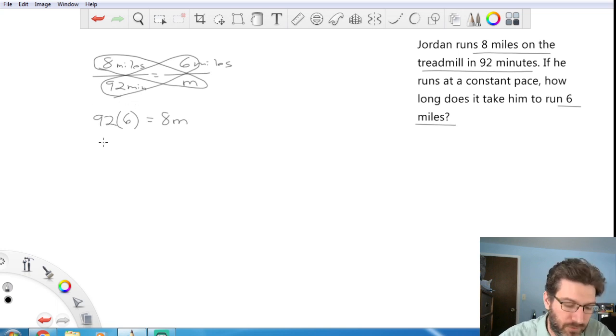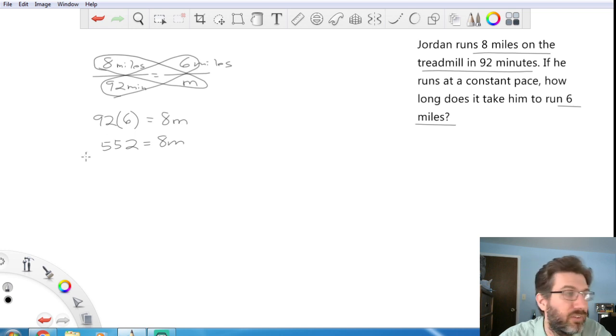92 times 6 is giving you 552 equals 8m. Now, unlike the last two we did, this isn't our answer, because our last one was only 1m and we already had it down to m. This one is 8m, so you've got to do your little algebra with it.